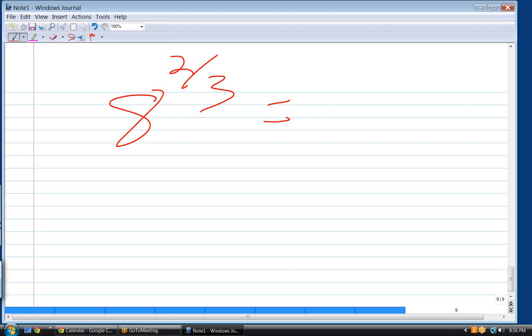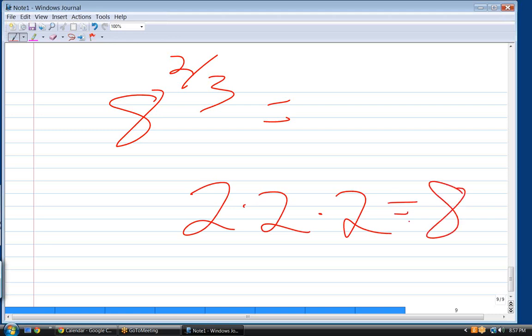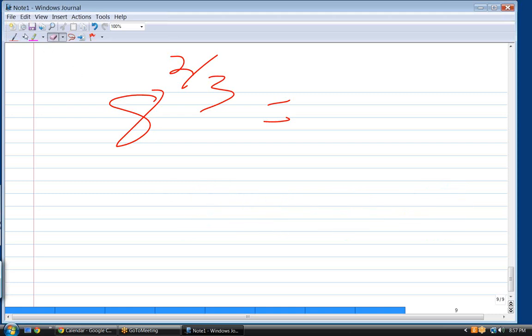It's 2. 2 times 2 times 2 equals 8. That means the cube root of 8 is 2. And now we have to square it because of this. So it's 2 squared, or 4, is the answer.